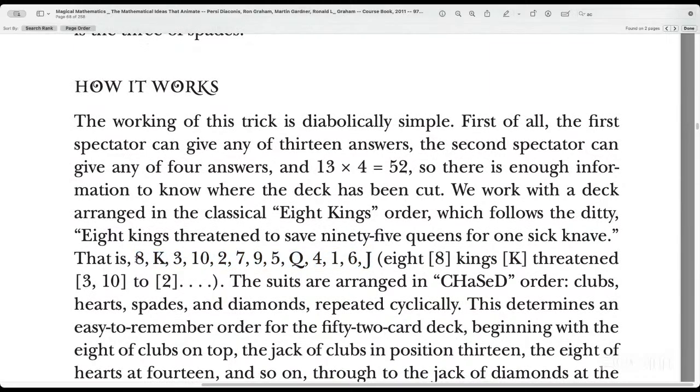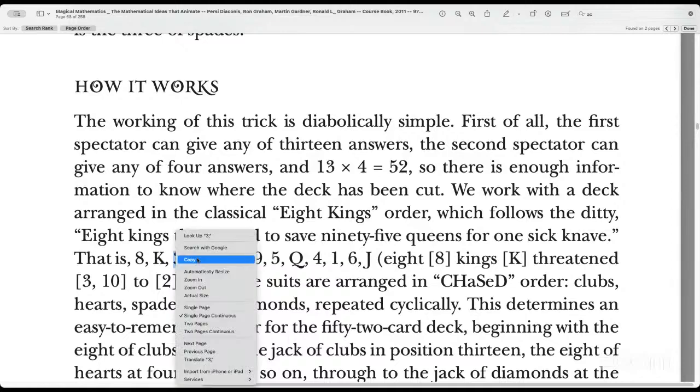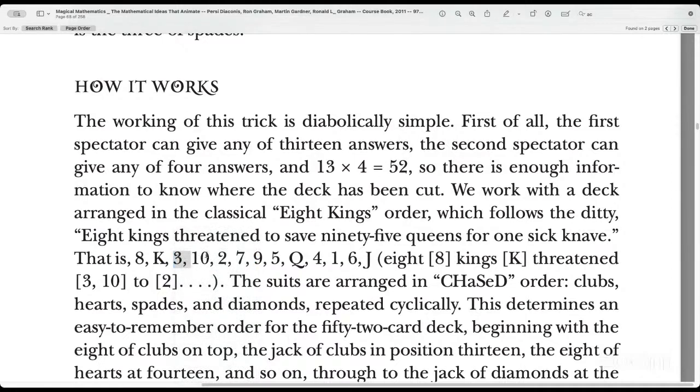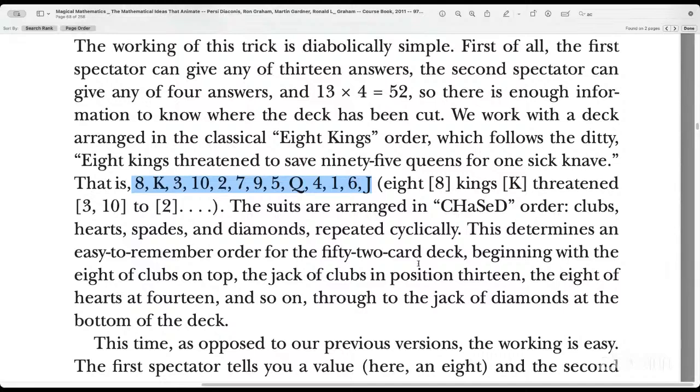And then you're going to do the suits in clubs, hearts, spades, diamonds. So you start off with 8 of clubs, king of hearts, 3 of spades, and 10 of diamonds, and keep doing that. So it's a cyclic pattern. At some point you get rid of 13, and then you repeat the whole process another 3 times, and this will give you an entire ordering of the 52 cards.